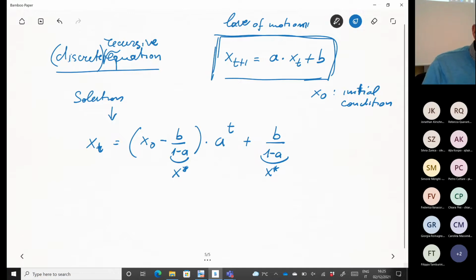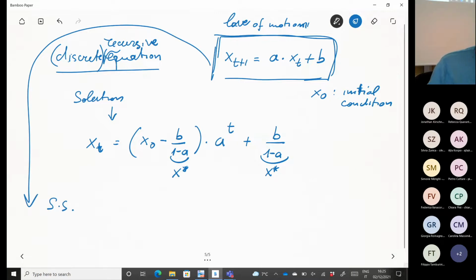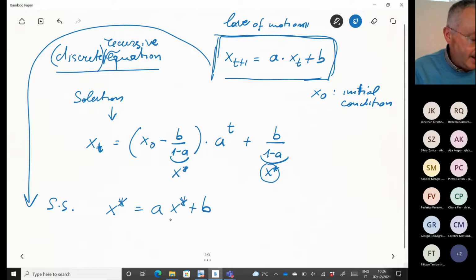Okay? If I want to find a steady state, I must impose that my variable in the solution remains at a constant level. Okay? Call this constant level x star. So x at time t plus 1 will be again x star when x at time t is x star, okay? So if a solution has to be constant and at time t it is at the level x star, it must remain constant also at time t plus 1.